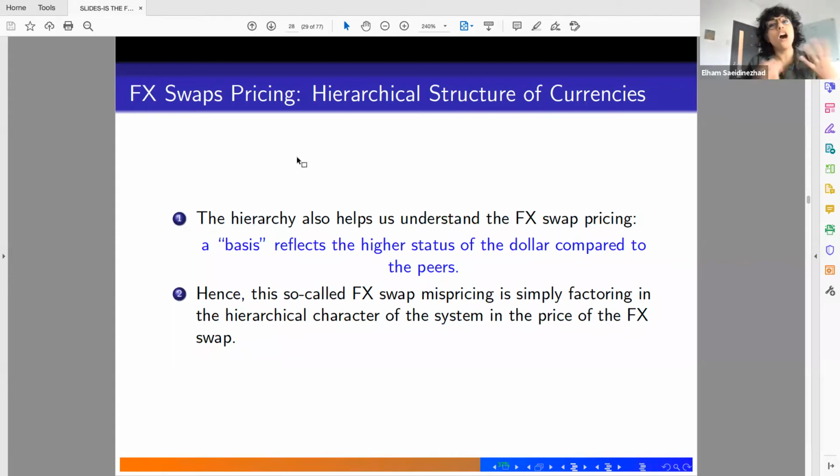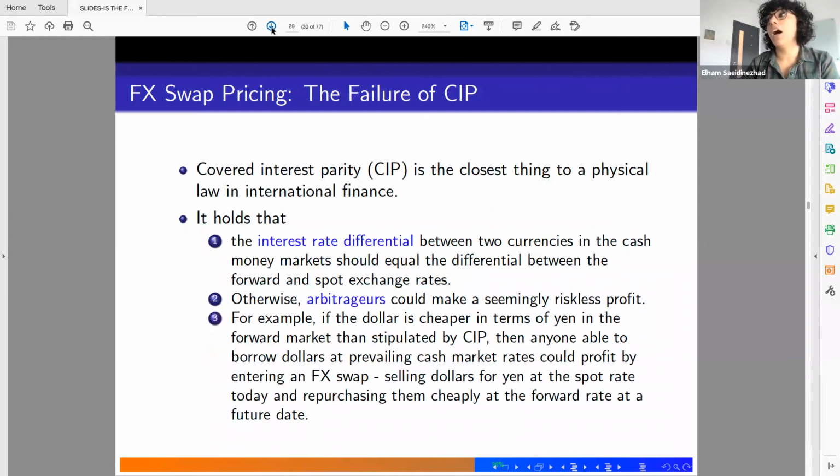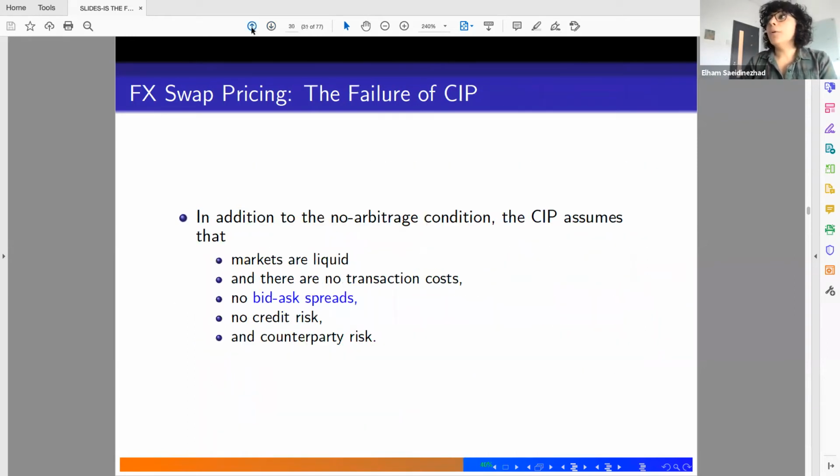We're going to go through other factors that are making this basis persistent, but an important factor that is usually missed is again this hierarchical structure of the collaterals that are being used in these two different types of market, even though these markets are highly hybrid. So I said that there are other factors that are contributing to the breakdown of the CIP and therefore the persistence of the basis or the premium in this market.